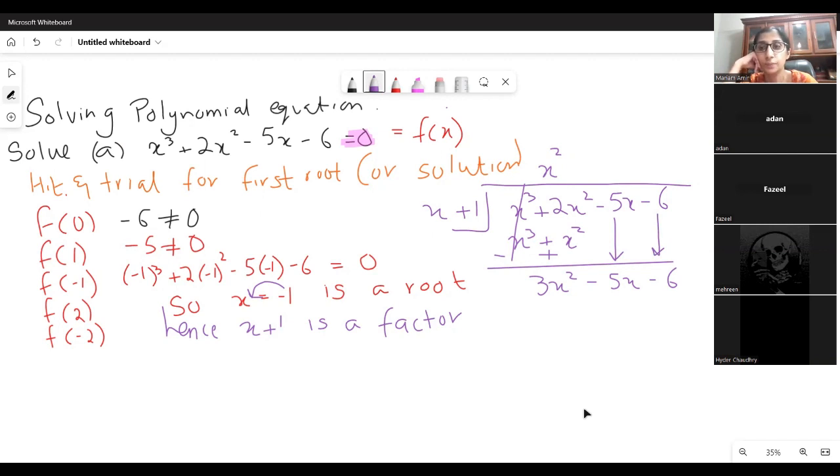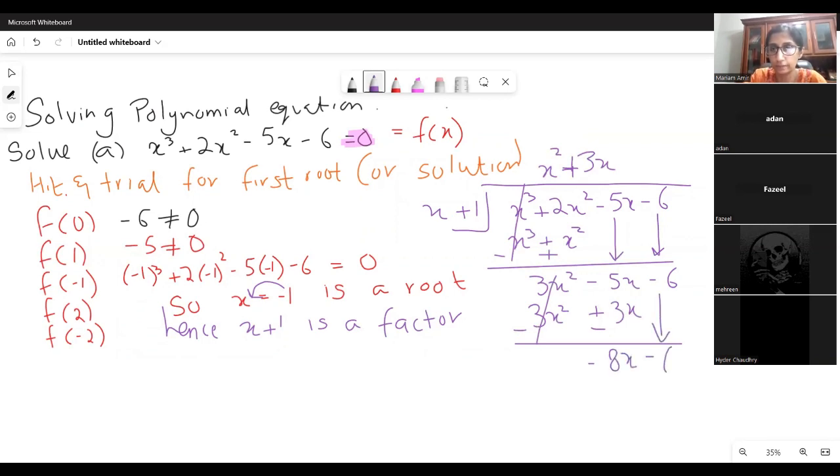The next term in the coefficient should be plus 3x. So that becomes 3x square plus 3x, change signs, minus minus. So we have minus 8x over here and minus 6 over here.